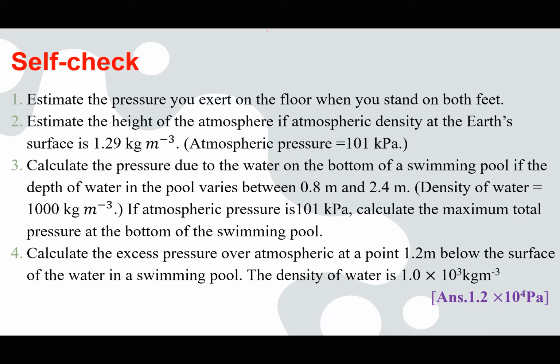Then you estimate your mass. If your mass is 60 kilograms, for example, then you can find your weight. The weight is going to be the force, which is mg. So your weight will be 60 times 9.81.